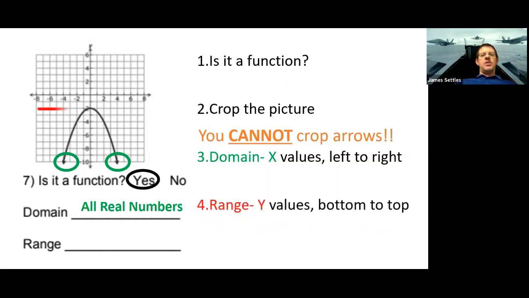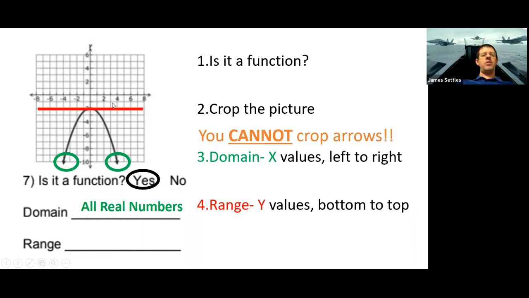Okay, so when we go to crop the Y, you can crop the top. There's no arrows up here, but you cannot crop the bottom because there are arrows down there. So how do we do that? So you know how we put Y and then we put less than symbols on both sides?